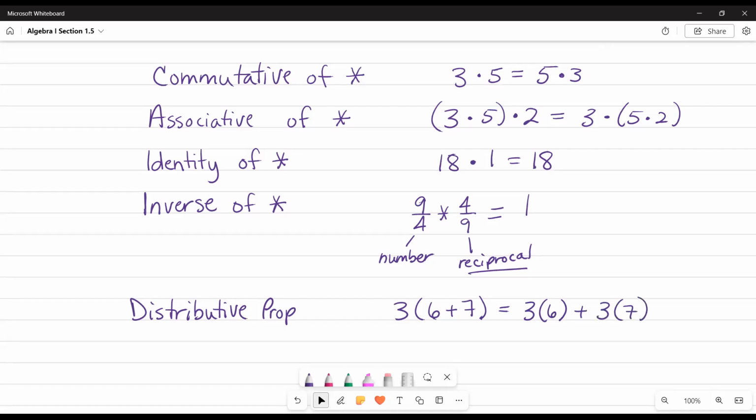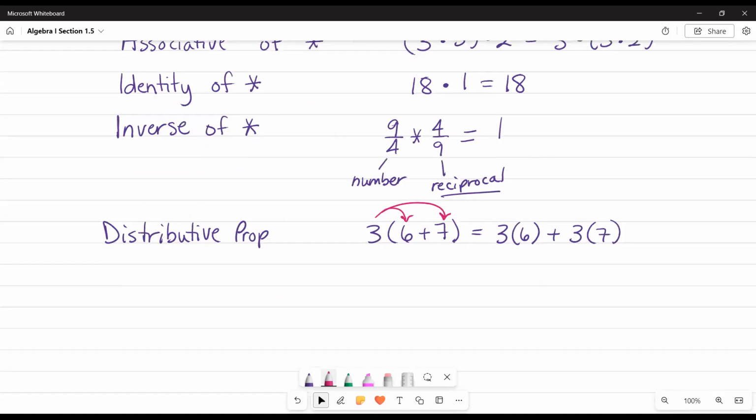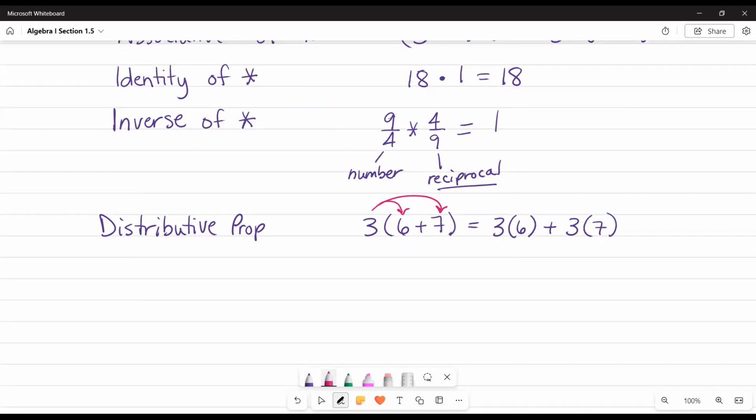If you remember, this is the one when we did it last year, I would like to draw an arrow from the 3 to each term inside the parentheses. It's being separated by an addition or subtraction. And then you multiply that times those numbers. All right, so the distributive property is only with multiplication, and you're distributing the exterior term to each term inside.